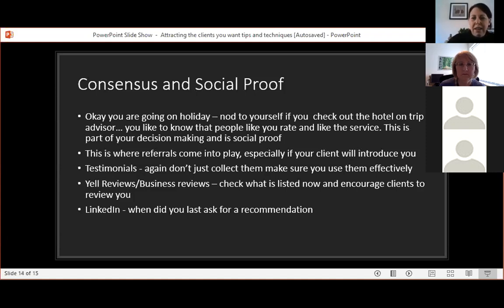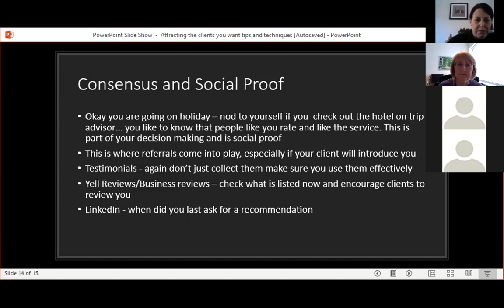If they're happy to talk to somebody for you and introduce you, they know why they're introducing them. They know why that Emma the accountant is the right person to help them with their business. They know your best traits for that. So referrals are also a good way of making people realise why you have been such a good decision to come to for their accounts and their business advice.